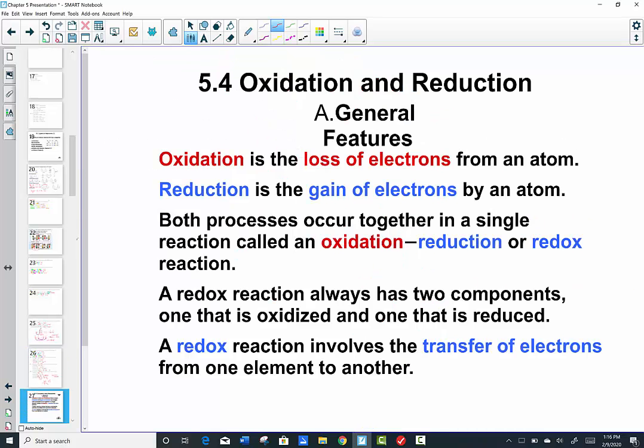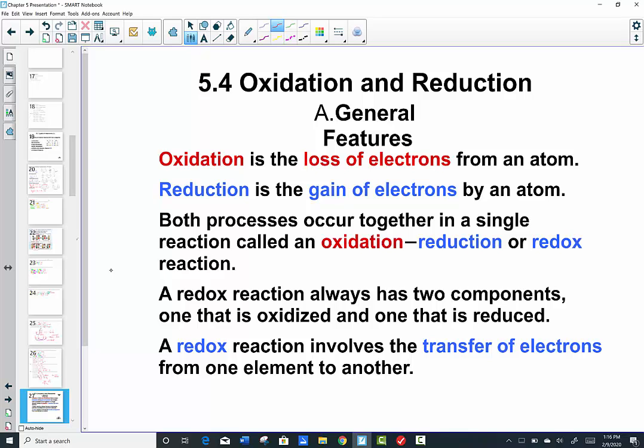When we think about another pattern of change, this pattern of change is known as oxidation and reduction. I'd like to discuss what this means in this lesson as well. So we're looking at the bottom of page 5, oxidation and reduction. Oxidation we are going to define as the loss of electrons. Reduction is the gain of electrons.